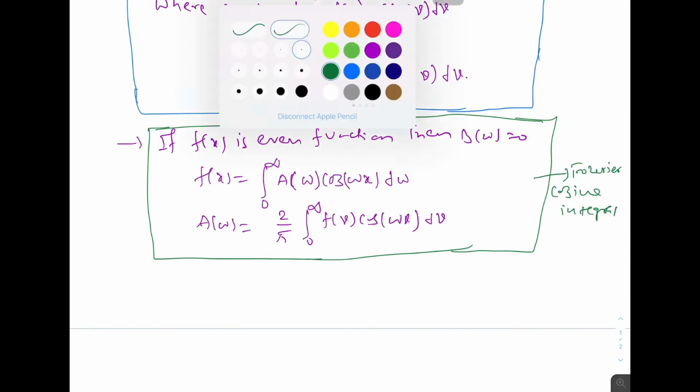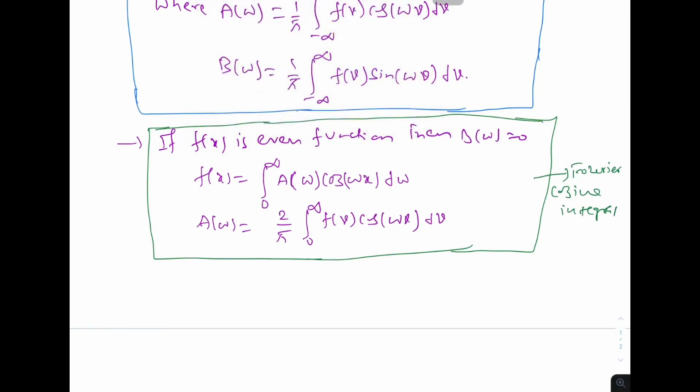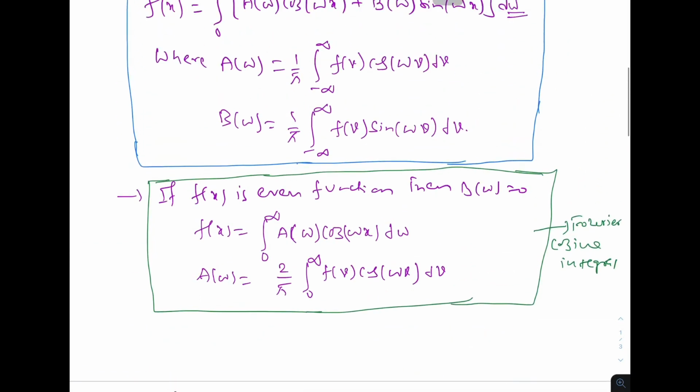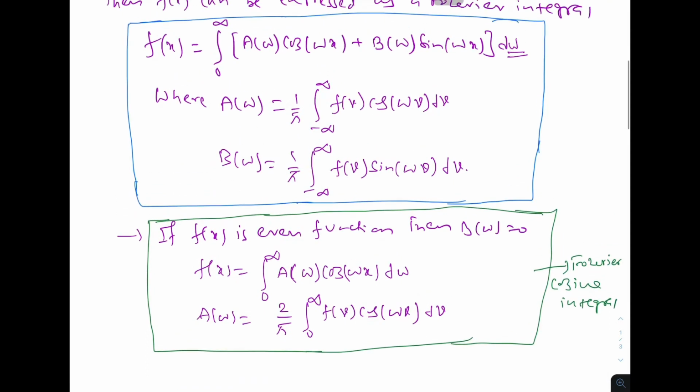Similarly, if f is odd, then A(omega) becomes 0, because f odd times cosine is odd, so this is 0, and the other will be 2 times 0 to infinity, because it will be an even function.